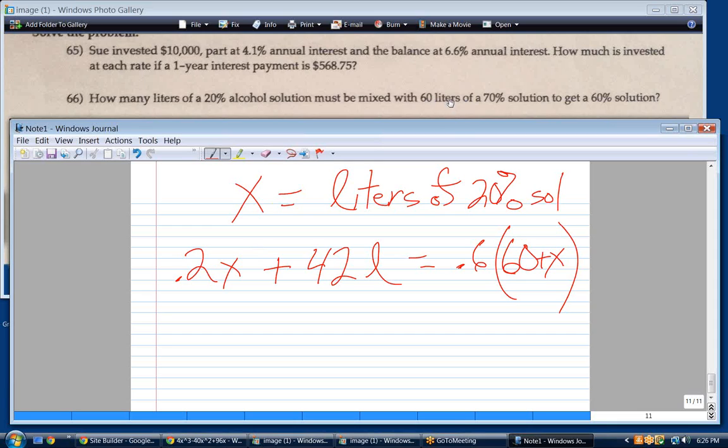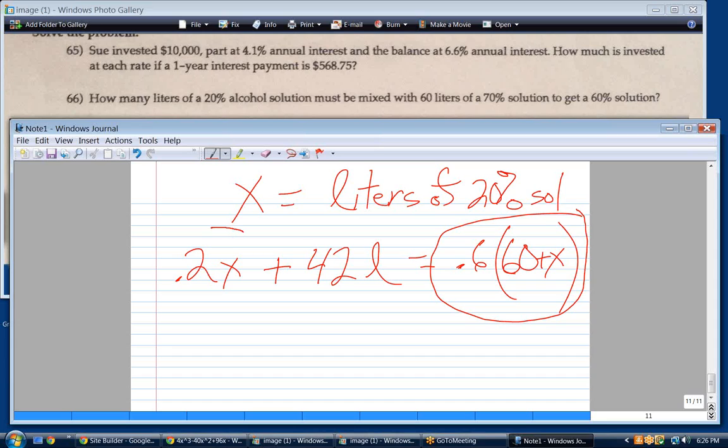Now when I get done, I'm going to have 60 plus X liters, and it's going to be a 60% solution, so I'm going to multiply it by 0.6 to find out the actual alcohol in there.